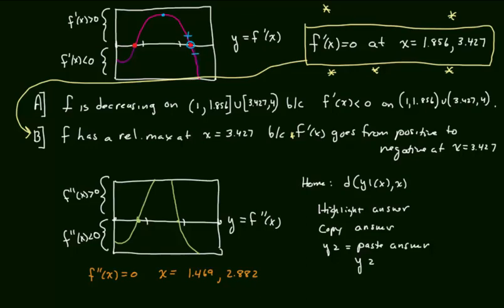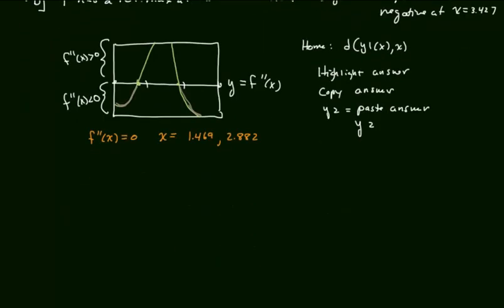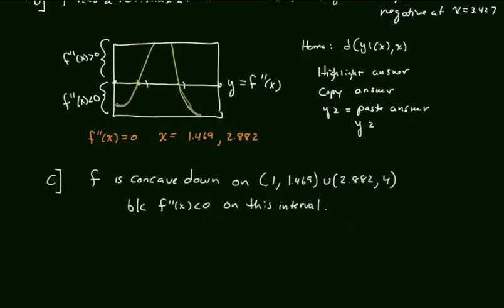Okay, and so we are going to determine where the function f is concave down. That's going to occur when the second derivative is less than 0, or in other words, when the second derivative graph is below the x-axis. So let's write our answer for part C. f is concave down on the open interval 1 to 1.469 in union with 2.882 to 4, because f double prime of x is less than 0 on this interval.